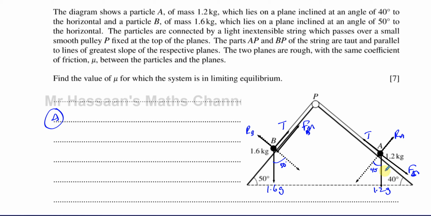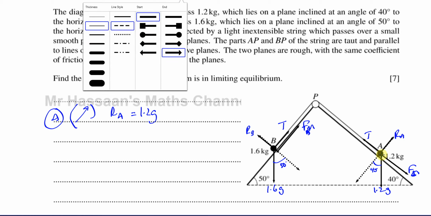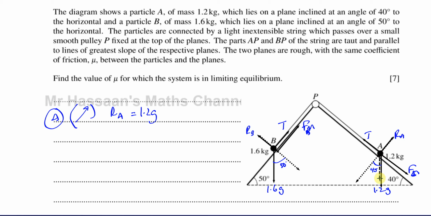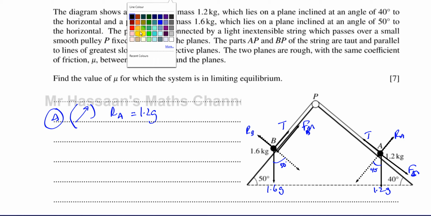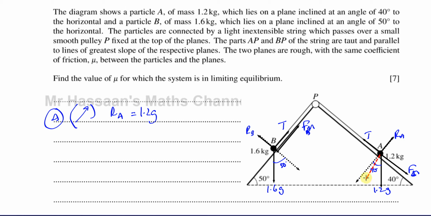Now, if we resolve A perpendicular to the plane, we can say RA is equal to 1.2g, and here we have to resolve in the direction of the angle. Let me change the color to show that it's a resolved force.